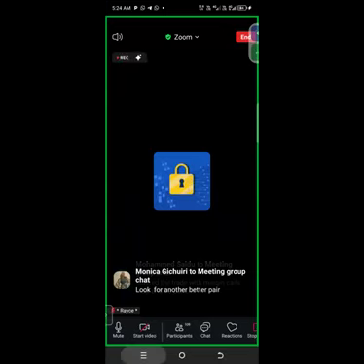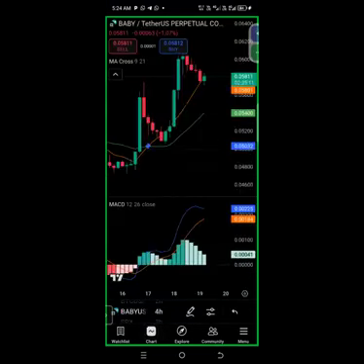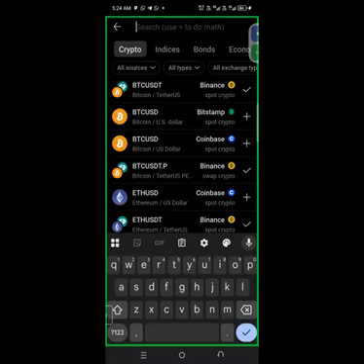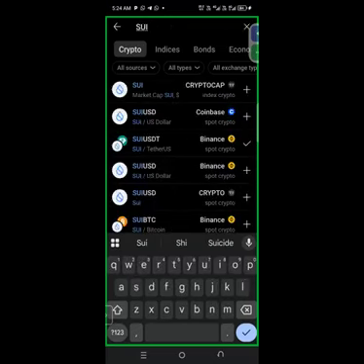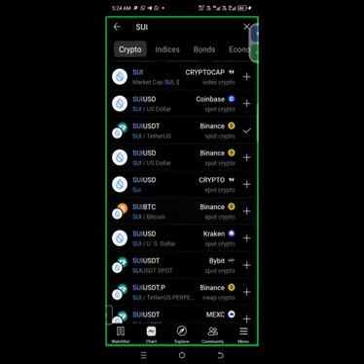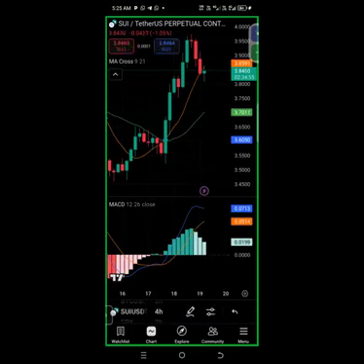So let's click on the chart. Let's get a new asset, maybe SEAL. Okay. SEAL USDT. All right.